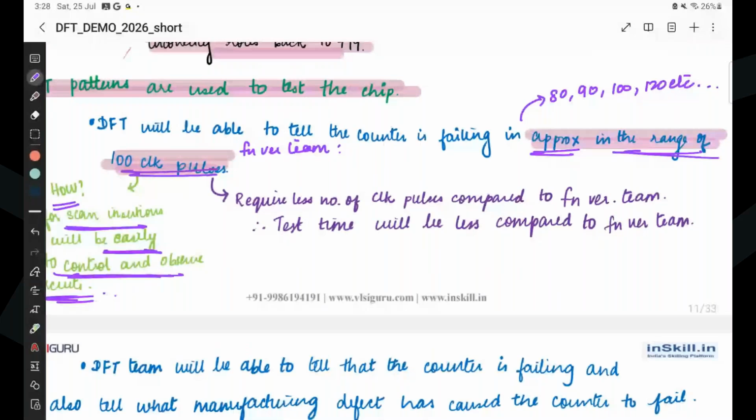In our course, we will be covering scan insertion, scan compression, ATPG pattern generation, simulations, JTAG boundary scan, and MBIST. These concepts alone we'll be covering in the course. If required, I can give you a theoretical idea of how silicon debug would happen.